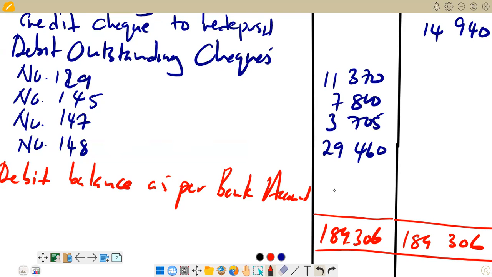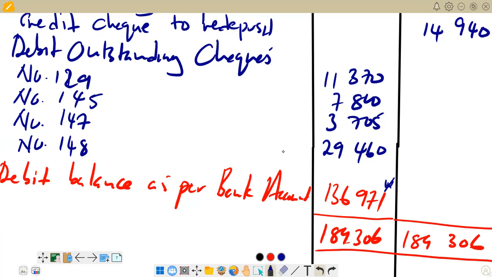Then you get your difference there, which is 136,971. So this is the amount that should be the same as the balance that we got in the bank account to say we have reconciled correctly.